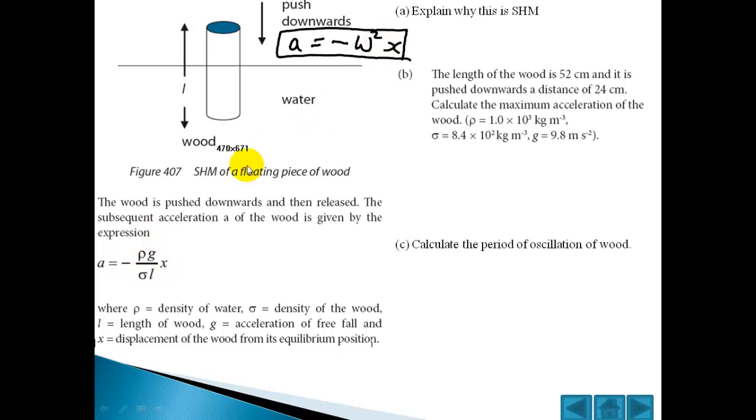Yes. So this is going to be simple harmonic. We're told that this is an equation where rho is the density, g is the value for gravity, the gravitational constant, sigma is 8.4 times 10 to the 2, which is a constant there, and L is the length of the wood. Basically, I have to find a period of oscillation and find the maximum acceleration.